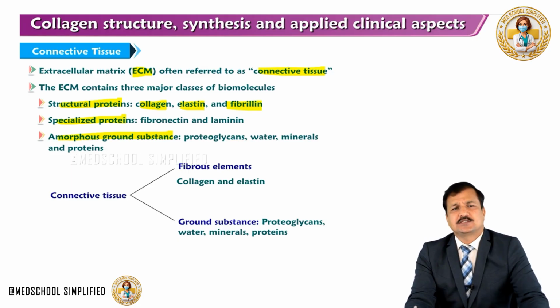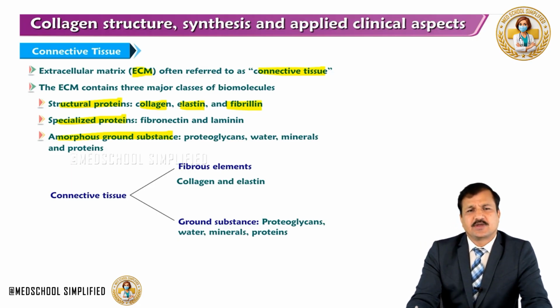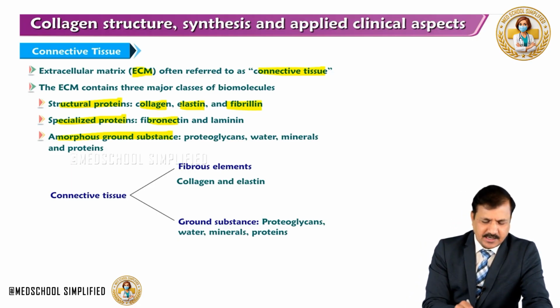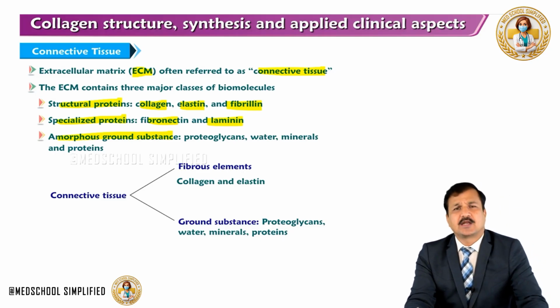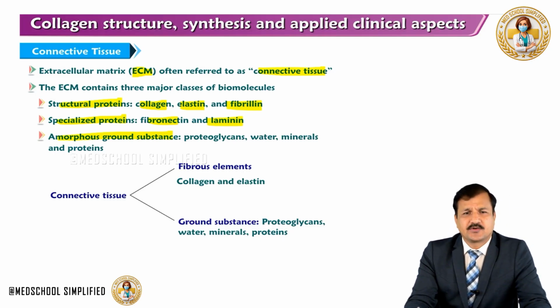In the specialized proteins class we have fibronectin and laminin, and in the amorphous ground substance category proteoglycans come in, along with water, minerals and some small molecular weight proteins. Collectively all of them make the extracellular matrix, which is referred to as connective tissue.